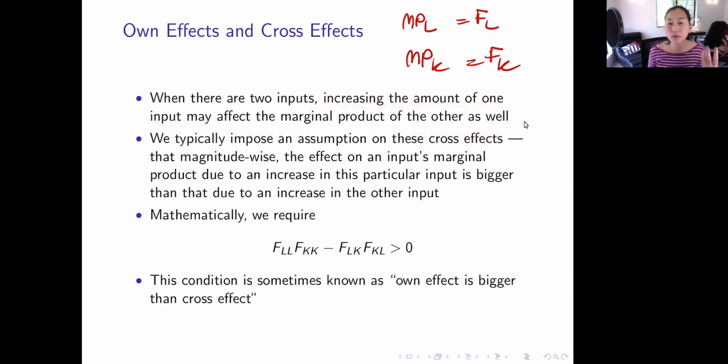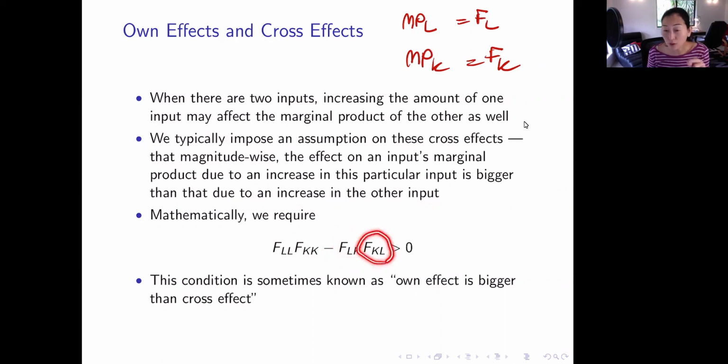We typically impose an assumption on this cross effect: magnitude-wise, the effect on an input's marginal product due to an increase in that particular input is bigger than that due to an increase in the other input. Mathematically, this is the own effect. When you change L, how does it affect MPL? When you change K, how does it affect MPK? This term: when you change K, how does it affect MPL?